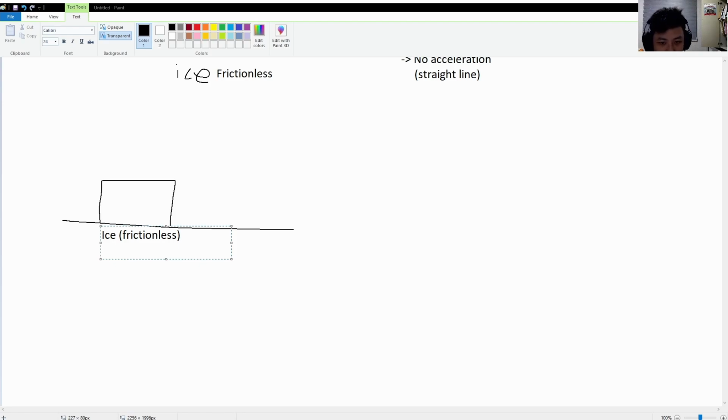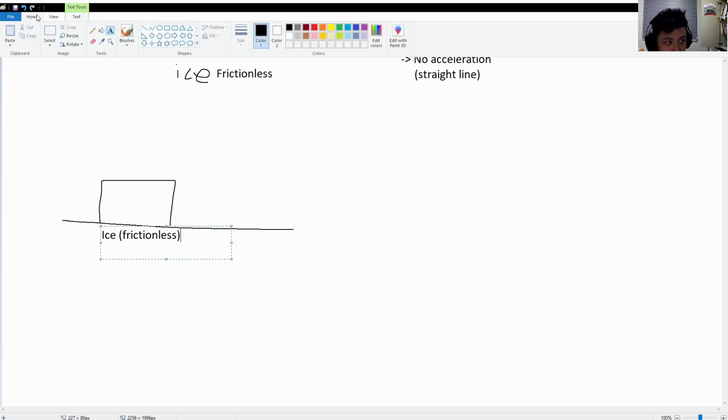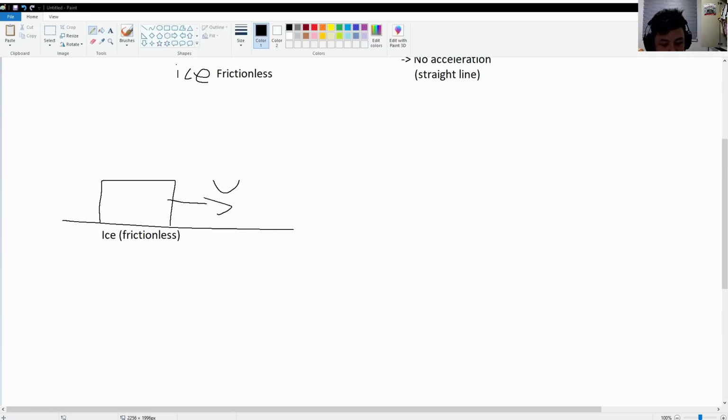If the block is sliding along with velocity v, and there's no change in v, then what we're saying is there must be no net force on this thing. But does that mean there's no force acting on it?